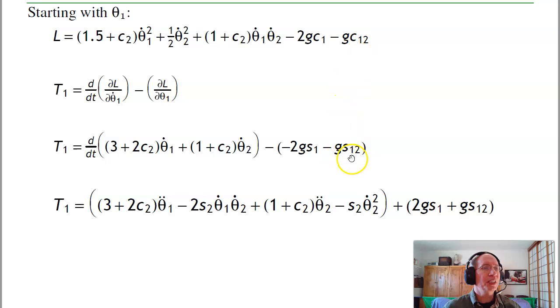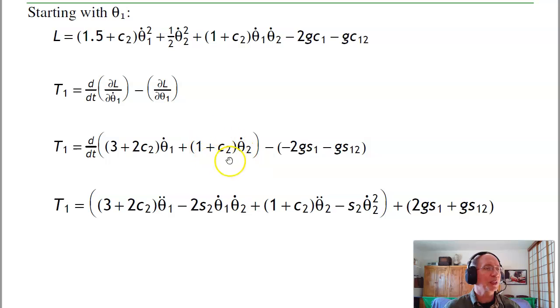Minus g sine theta 1 plus theta 2. Now take the full derivative, and here you do the chain rule. Derivative of the second term is theta 1 double prime. Derivative of the first part gives you 2 sine theta 2 dot, theta 1 dot with a minus sign. Over here, derivative with respect to the second term is theta 2 double prime.